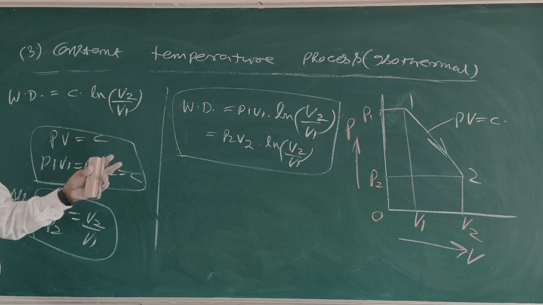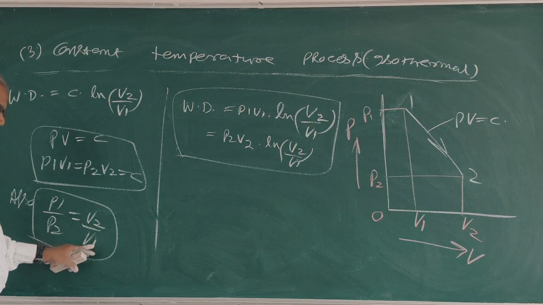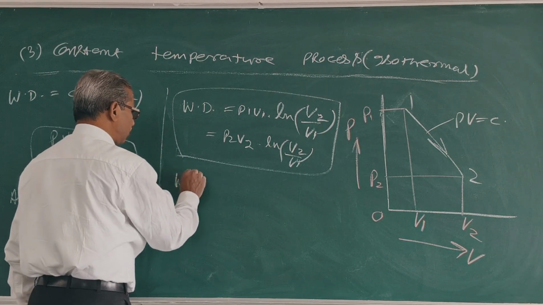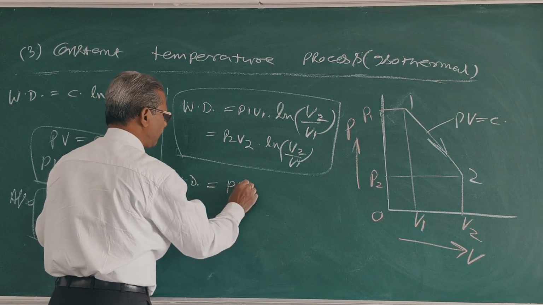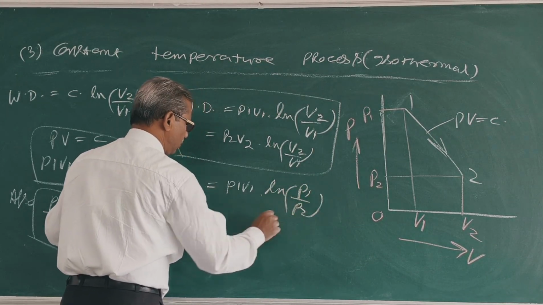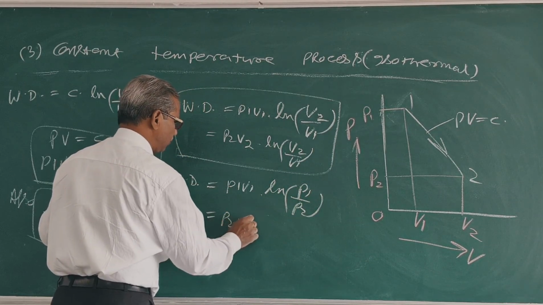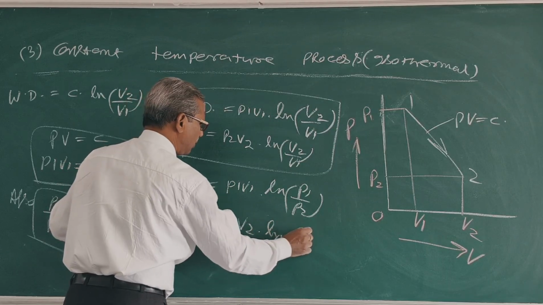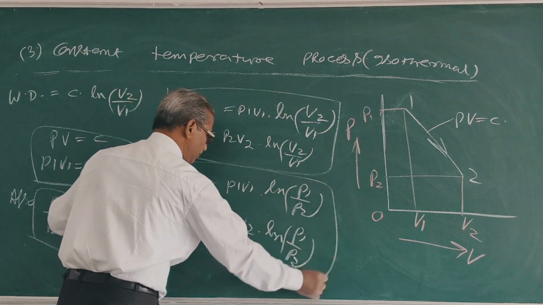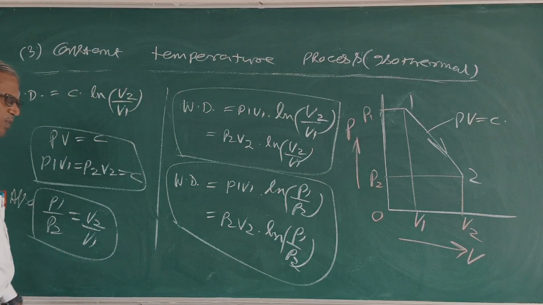Or also you can put V2 by V1 is equal to P1 by P2. So work done is equal to P1 V1 ln P1 by P2 or P2 V2 ln P1 by P2. Clear? This is the formula for work done.